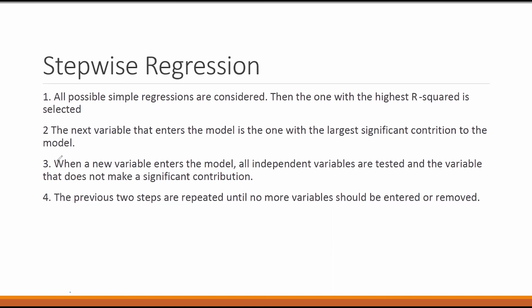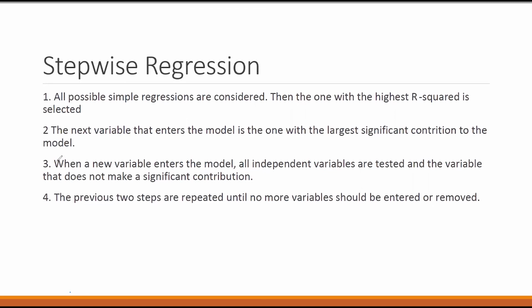And then after that X variable is in the model, we're going to pick from the rest of the X variables the next one that is more relevant. And then we're going to continue this process until at some point we say that is enough, no more variables will be entered. So there are a couple of steps. Of course, we talk about these steps, but in Minitab, these will be done automatically, behind the scenes. We don't really see that.